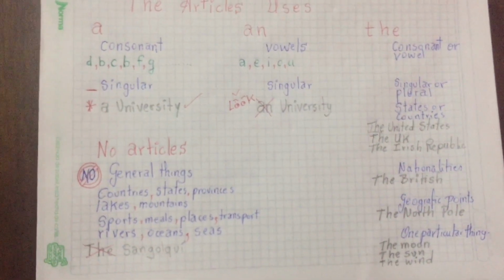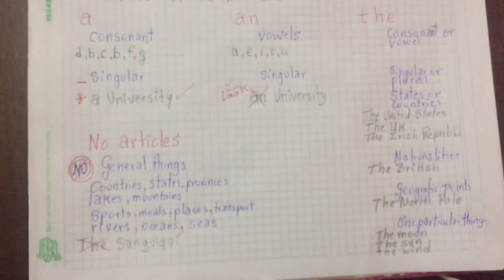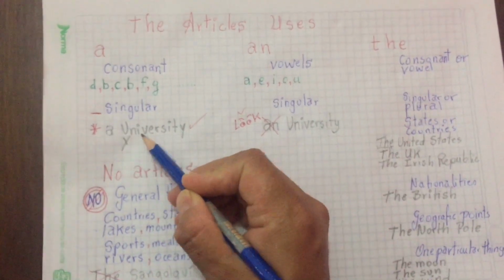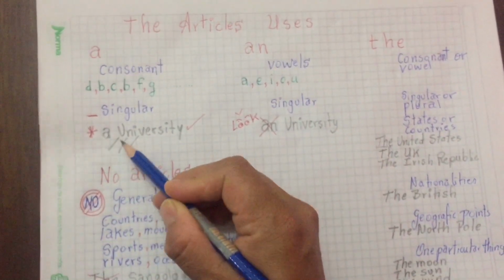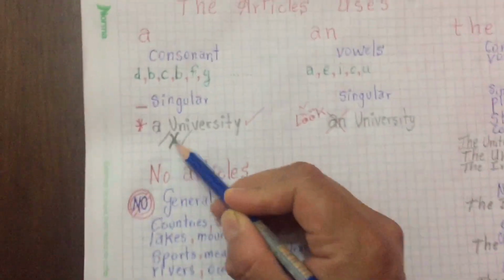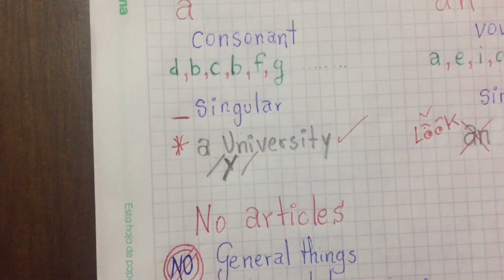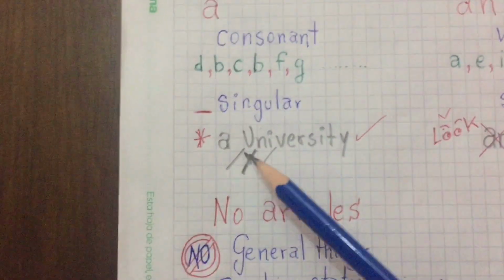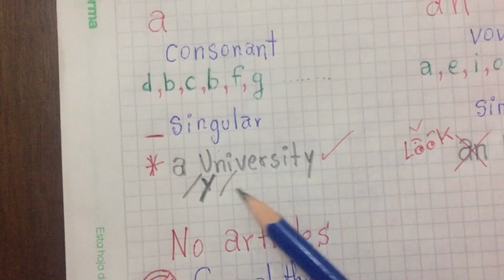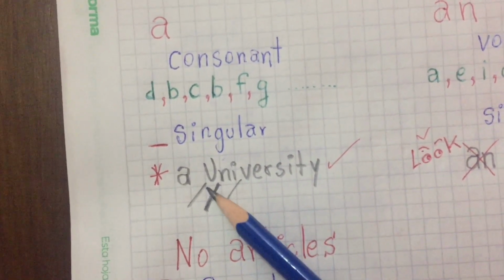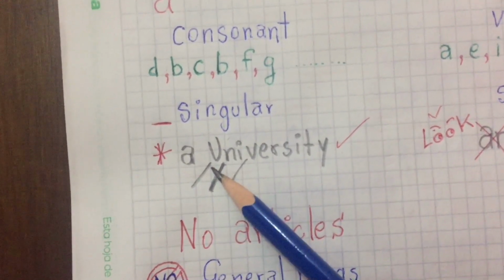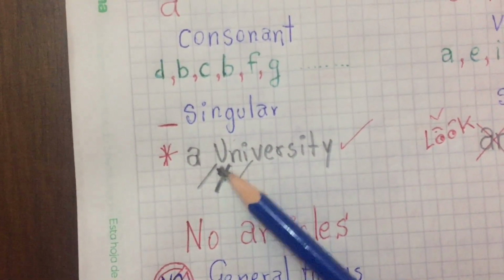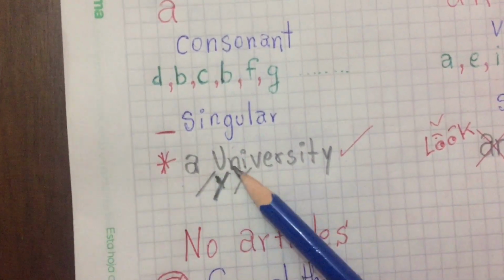If you have university here, you are going to realize that the pronunciation starts with a consonant sound, because you have to say university, pronouncing it with a Y. So it changes into a consonant sound, and you have to use a university.